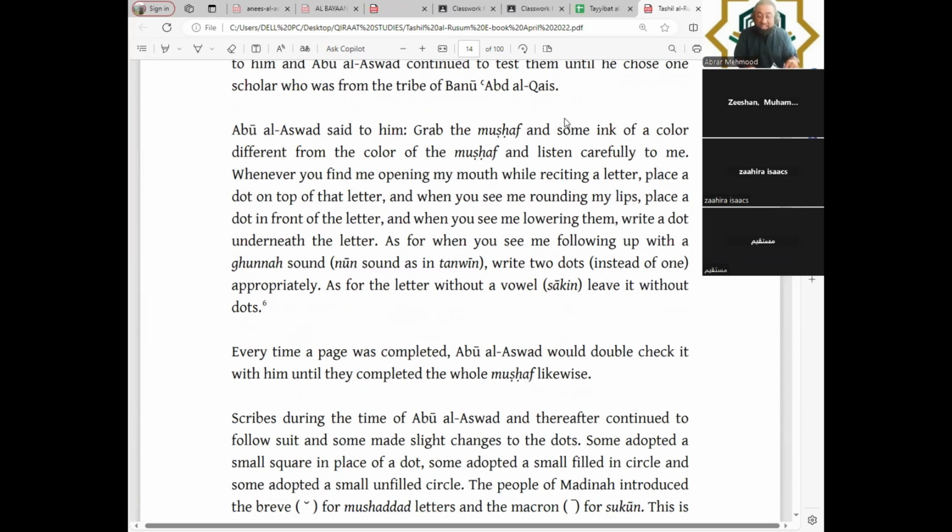Meaning there is an aspect of theory, but the biggest foundation in the sciences of the Qira'at and Tajweed is watching how the teacher reads and the student follows, or when the student reads and how the teacher is affirming or correcting, and so on and so forth. So what's unique about the science of Qira'ah and Tajweed, Qira'at more so, is that when you read, it's from teacher to student all the way till our current day.